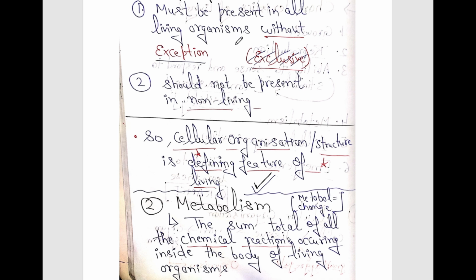I'm going to elaborate more. You must know that the cell is the basic unit of life. All living organisms are composed of cells. Some are composed of a single cell and are called unicellular organisms, while others like us are composed of many cells and are called multicellular.